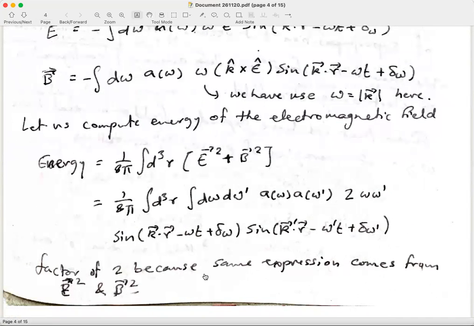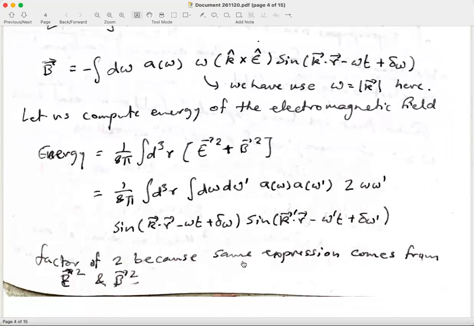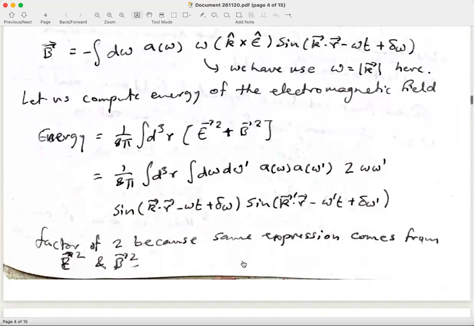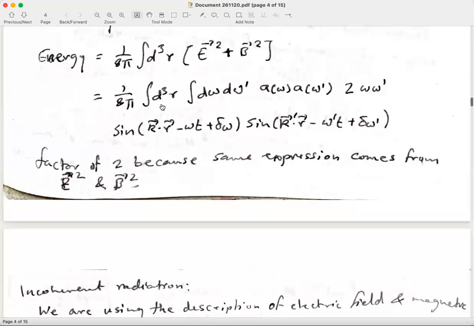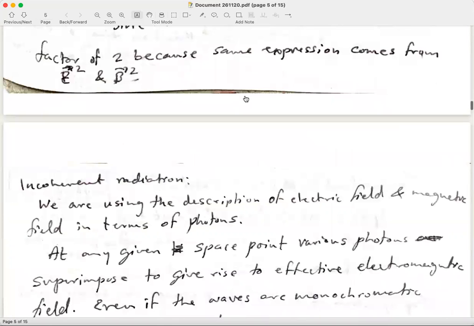It's written out here also. Fine. So we need to determine this, and this can be determined only if we know the profile functions for the amplitude of the electromagnetic radiation.